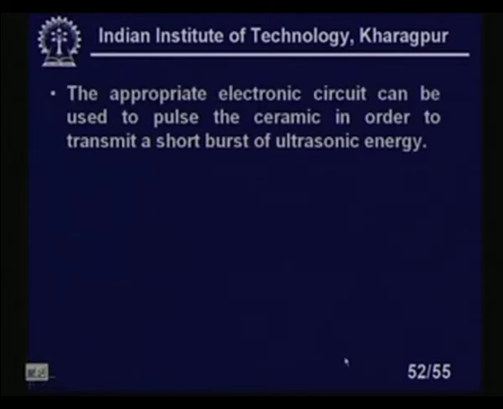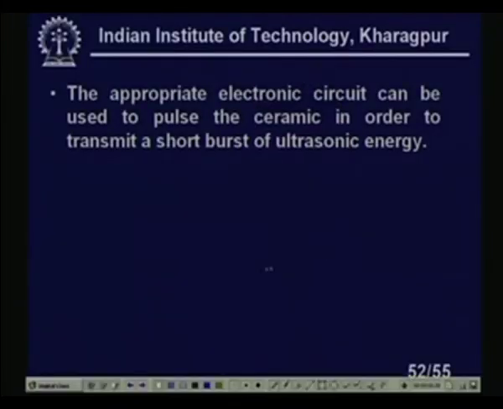The appropriate electronic circuit can be used to pulse the ceramic in order to transmit a short pulse of ultrasonic energy. Always please remember, in all these methods we are always transmitting a short burst of energy. How does it look? We have already shown that the transmitted signal looks like this.